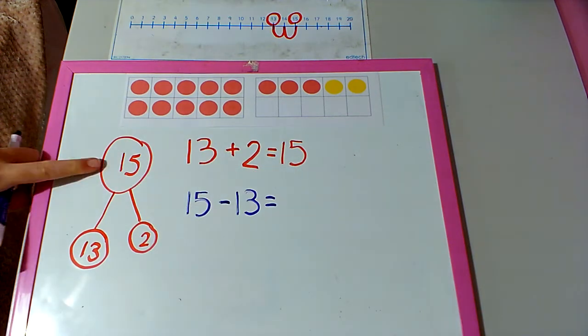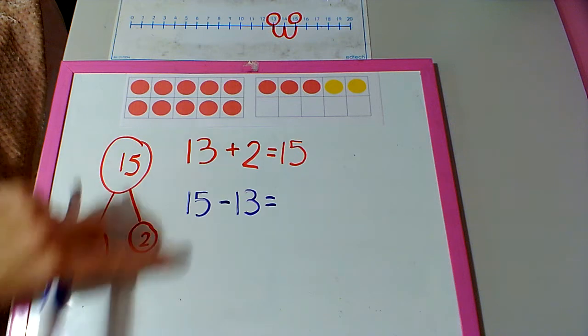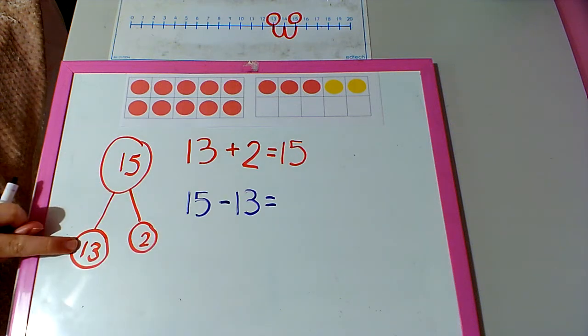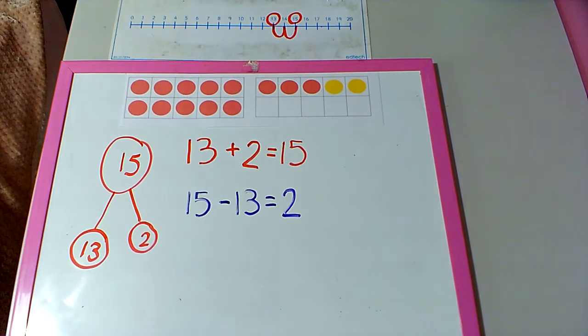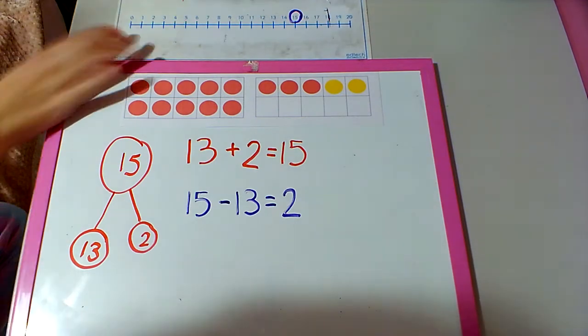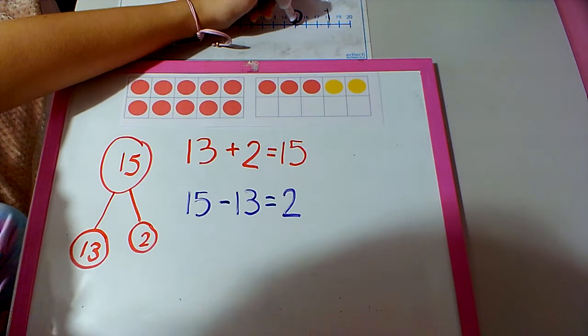So if we have a look, 15 take away 13, well the only part left is 2. So 15 take away 13 must be 2. Let's check on our number line just to make sure. So let's find 15. And remember we have to take 13 steps back because we are taking 13 away.